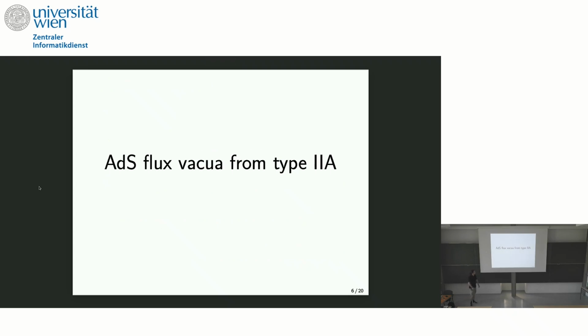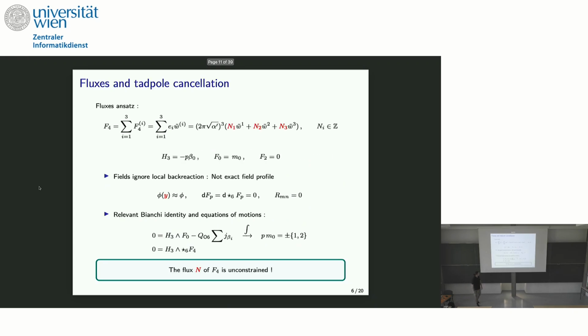Okay, so a quick review. I don't want to read all these details. I mostly want you to focus on this expansion of the F4 flux. The F4 fills 3-4 cycles, and in DGKT the fluxes here, these actually are the quanta, they're integer numbers, are isotropic, so they are the same. Okay?